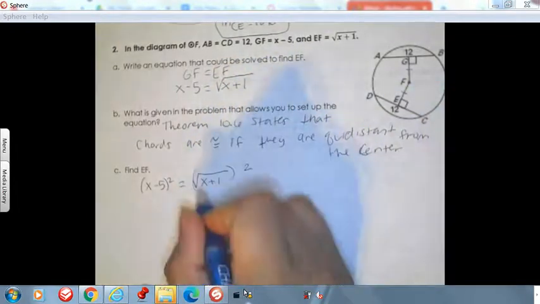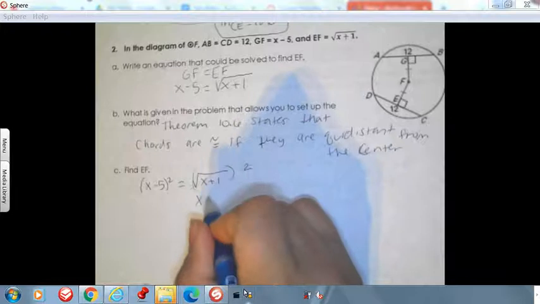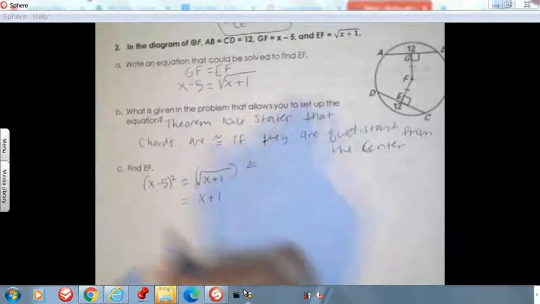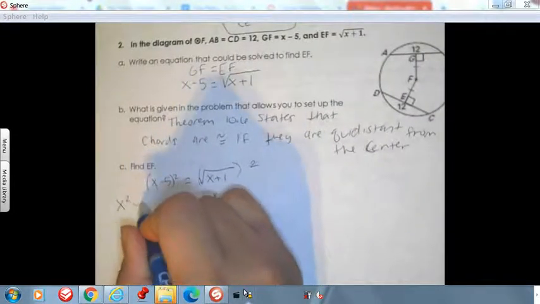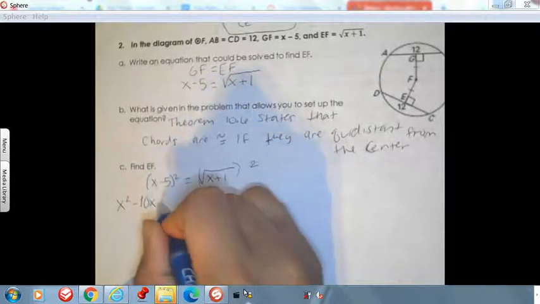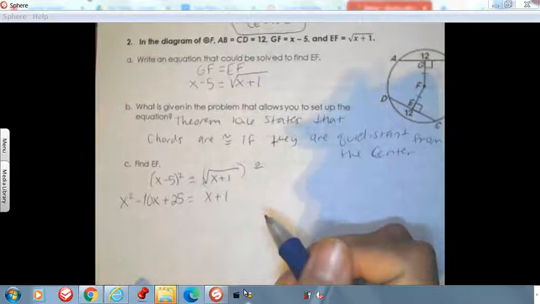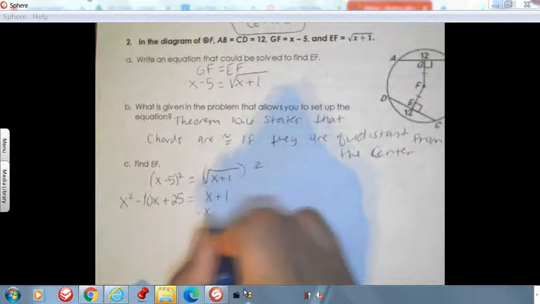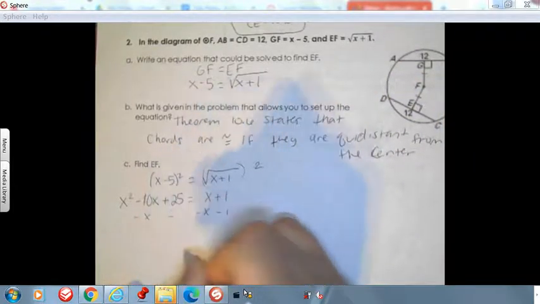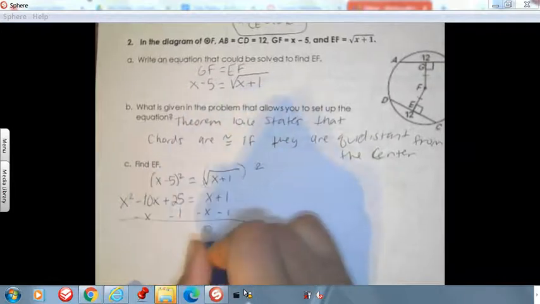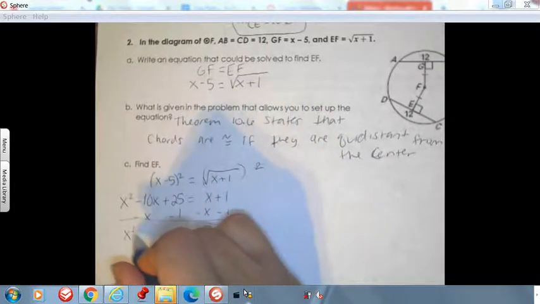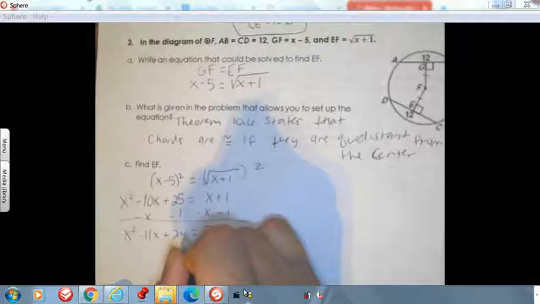Once I do that, it leaves you with just x plus 1 on the right side. I'm not going to show the FOIL, but this is what you should get: x squared minus 10x plus 25. And then from there you need to get everything to one side. So we subtract the x, we subtract 1, and it's now x squared minus 11x plus 24 equals 0.